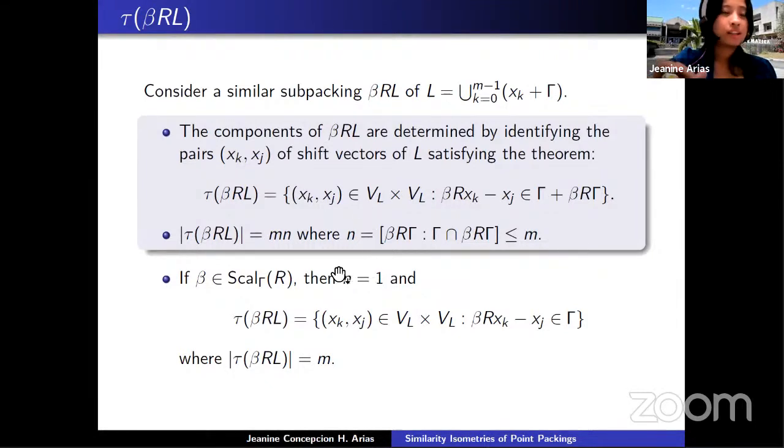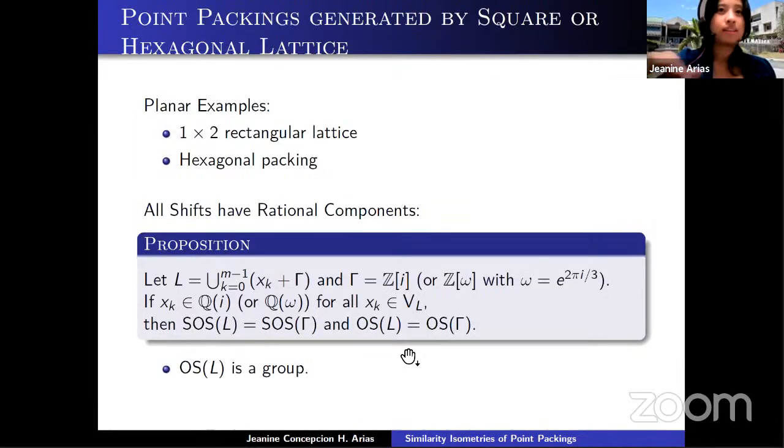So in particular, if beta is in big skull gamma, then our n will be equal to 1. And we will have this simpler result, which will be used in the following examples. Namely, we will have the 1 by 2 rectangular lattice and the hexagonal packing, which are generated by the square lattice and the hexagonal lattice respectively.